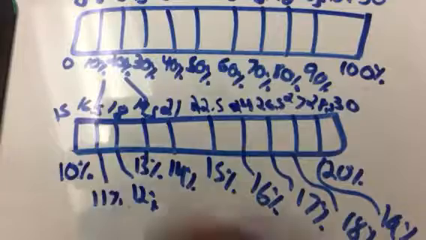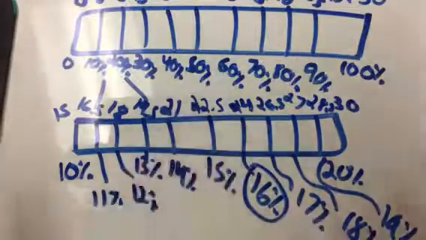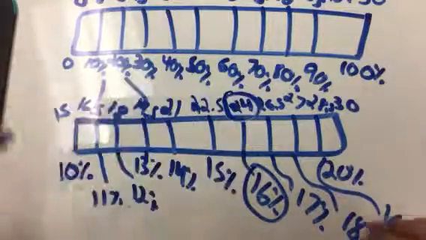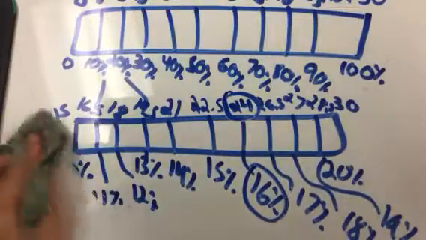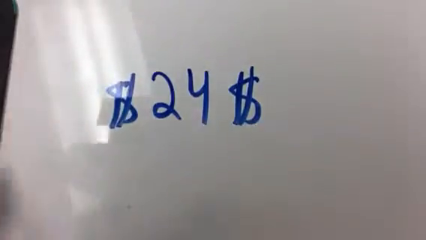And so if you even followed through all of that, you would see that 16% of that entire amount is $24. And so this is a much more complicated way. If I were you, I would just focus on the division part. But either way, you should have gotten $24 as your answer.